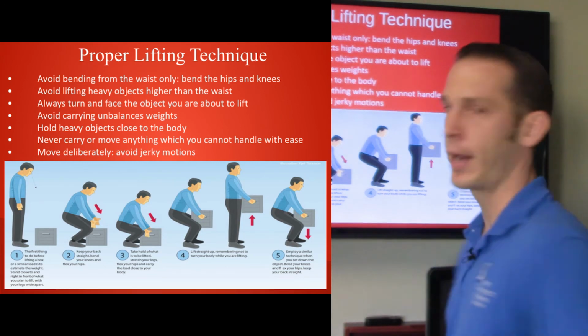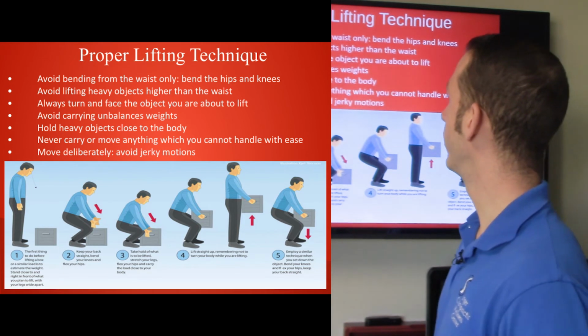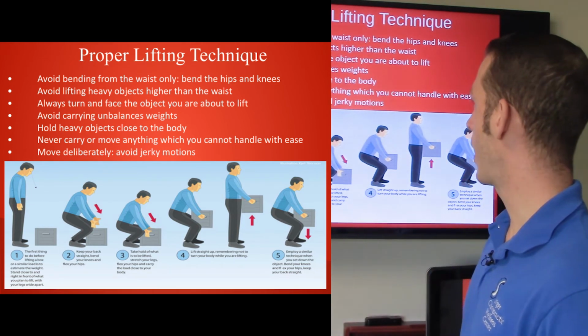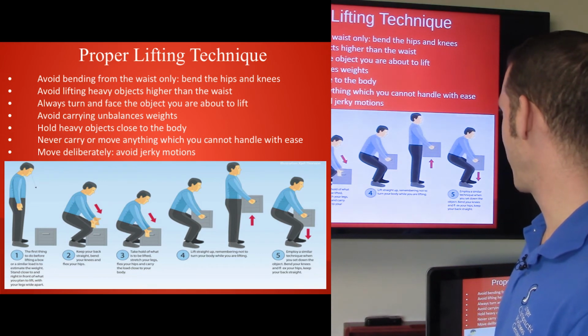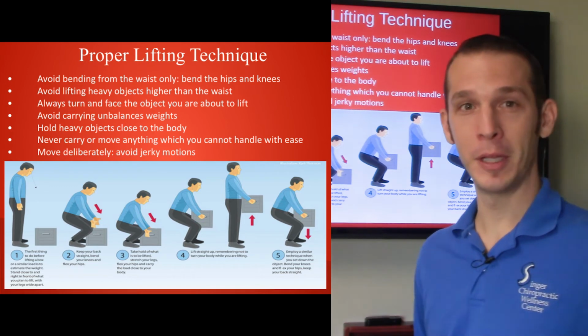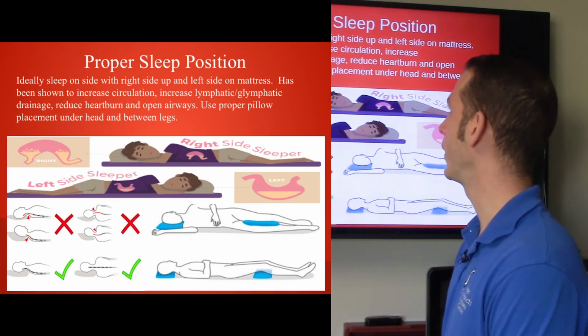Again, not to the sides, things like that. Hold heavy objects close to your body. Never carry or move anything which you cannot handle with ease. Move deliberately, right? These are important things.